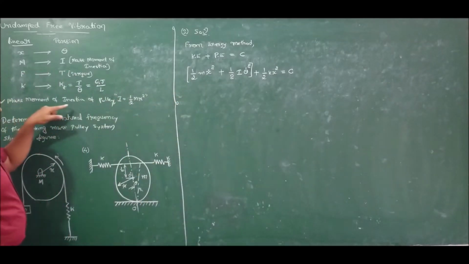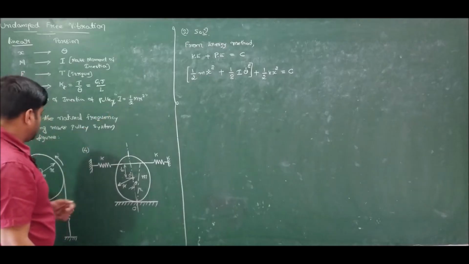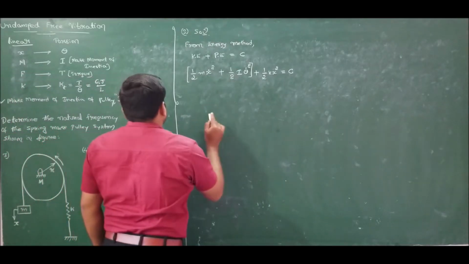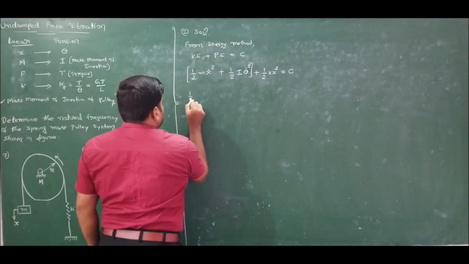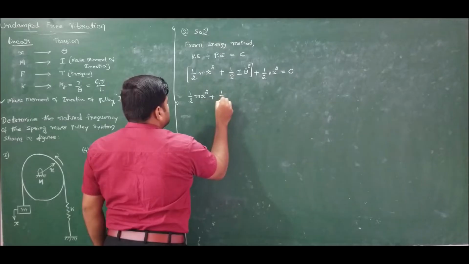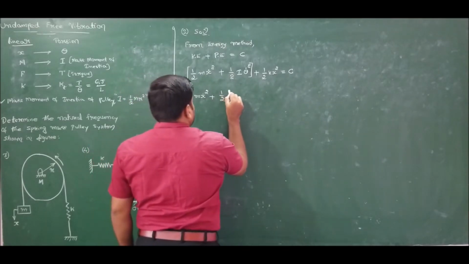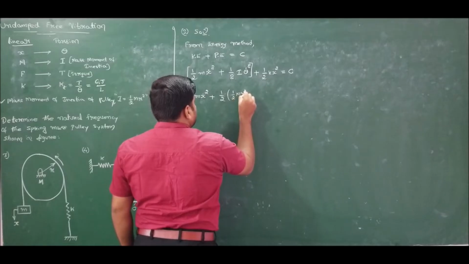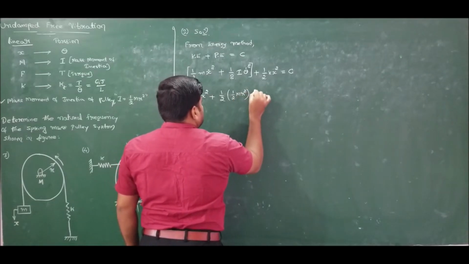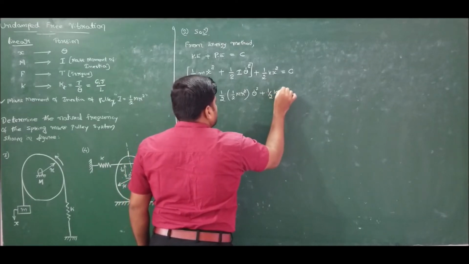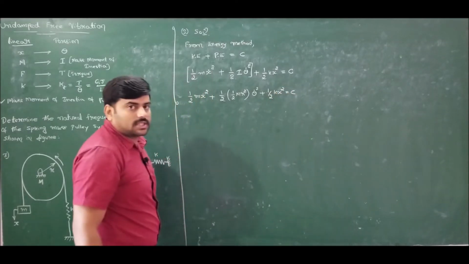The mass moment of inertia of the pulley is given by half mr square. You can observe the radius is r only. So substitute for I. If I do that, I will get half m x dot square plus half, moment of inertia of the pulley is again half mr square, into theta dot square, plus half kx square is equal to constant.